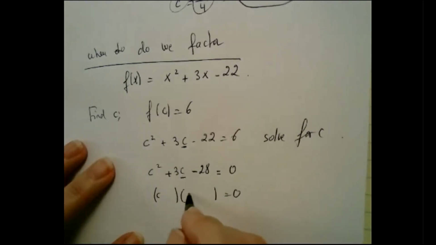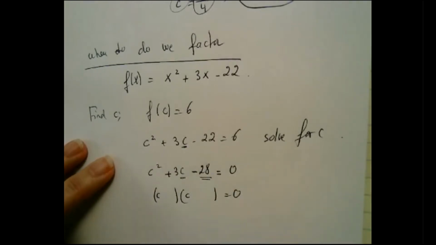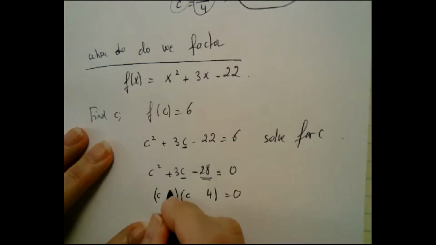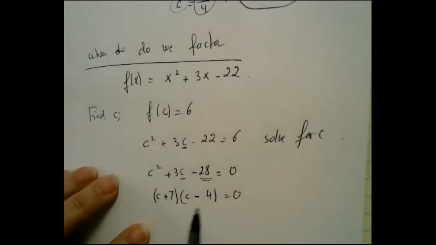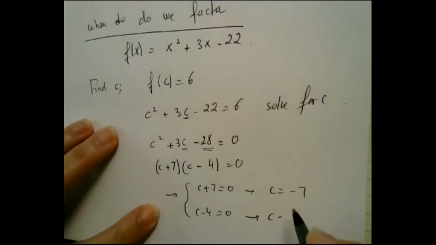And we factor by finding, since it's c squared, it's a c and c, 2 numbers. When you multiply them, you get 28. When you add them, it's 3. So 4 and 7 are the candidates. And then you check backward, c squared plus 3c minus 28. So this will give me either this term is 0, giving me c equal minus 7, or that term is 0, giving me c equal to 4.